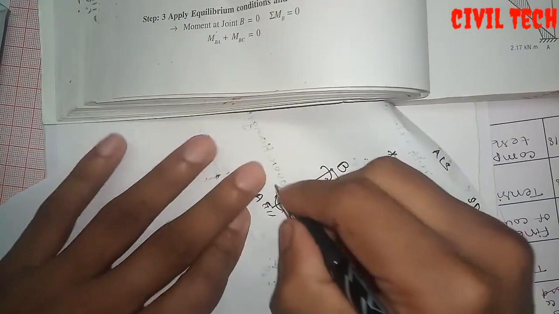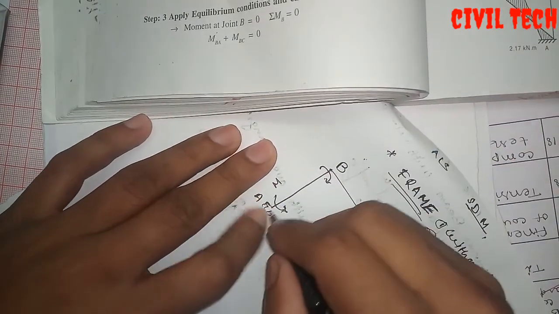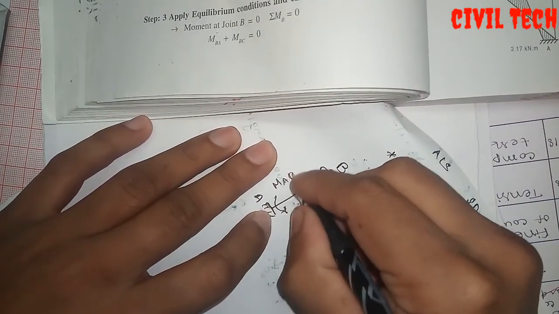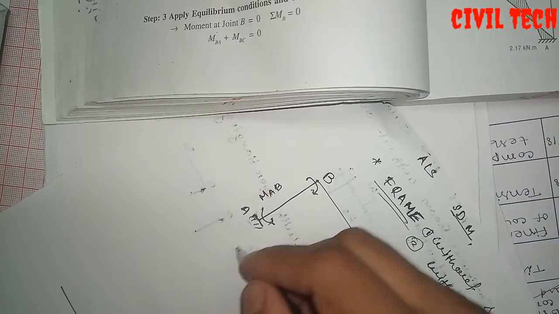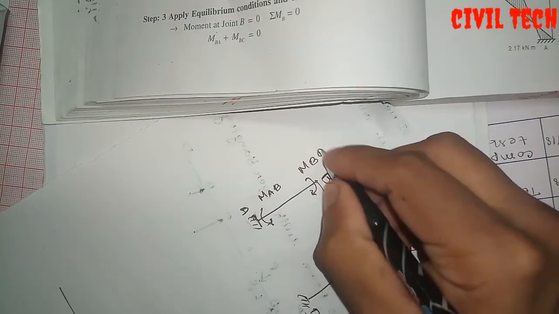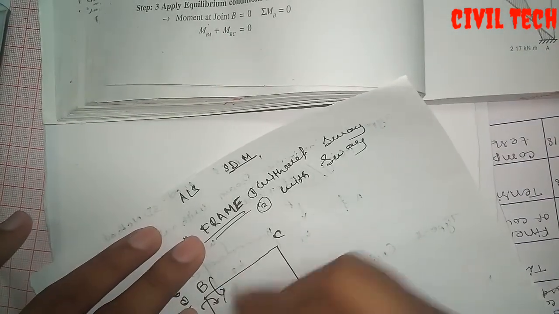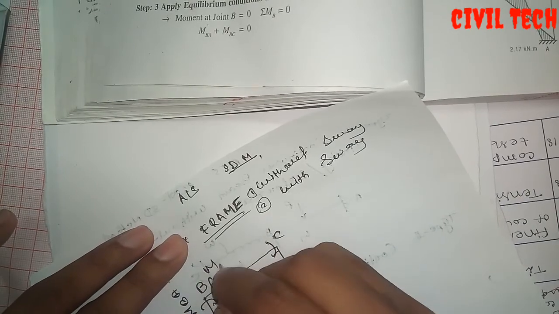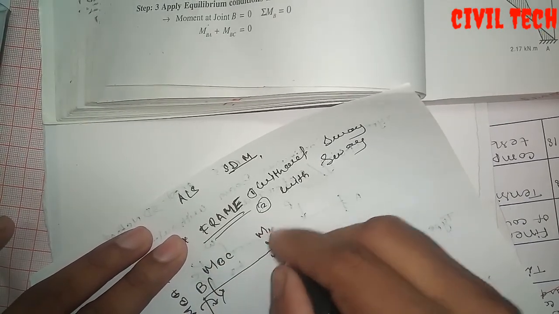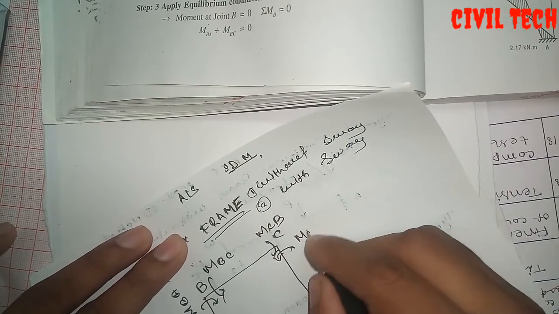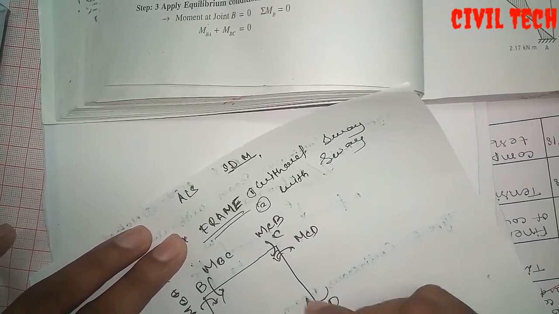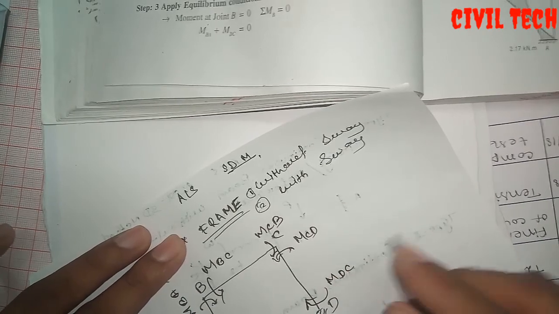You will see from this side MAB, from this side to this side MBA. Similarly here MBC, MCB, similarly here MCD, MDC.